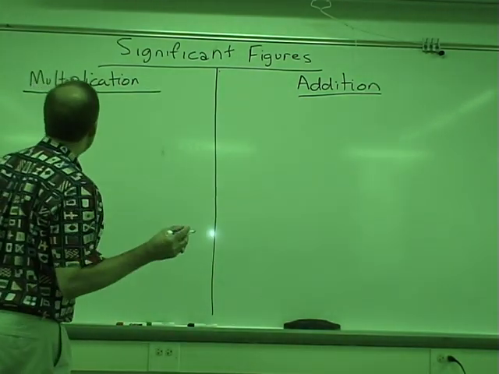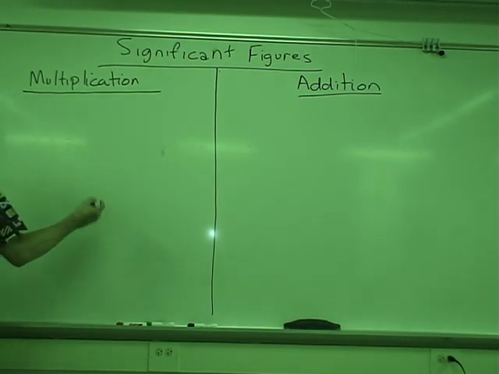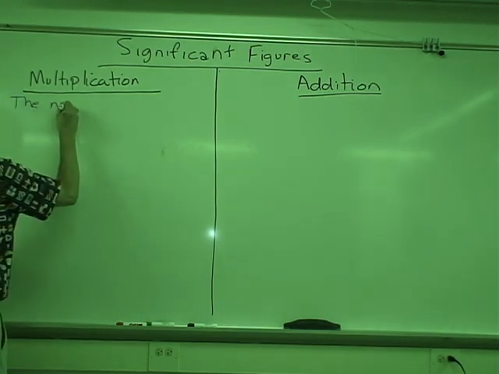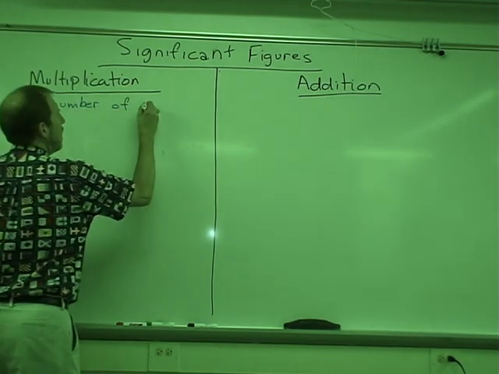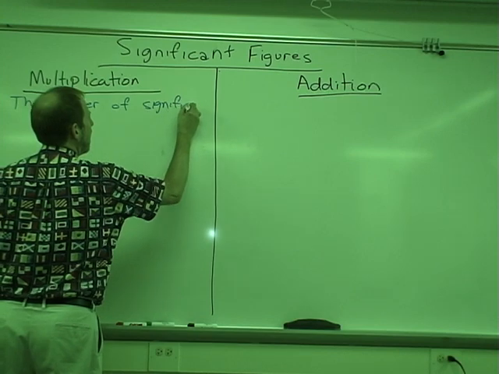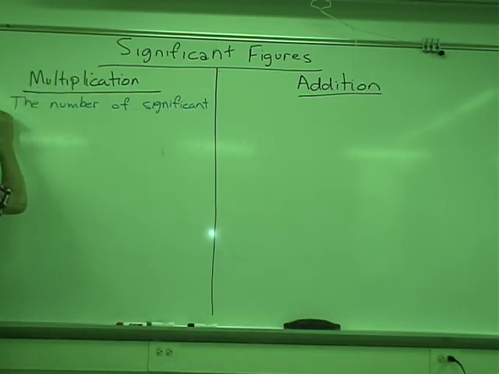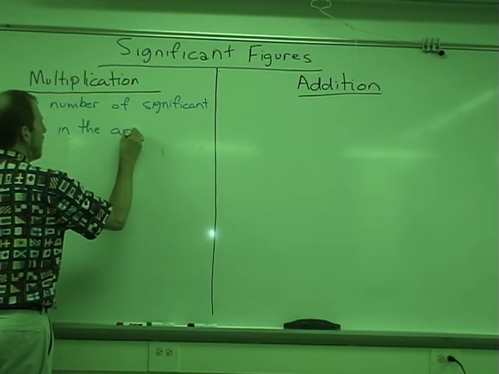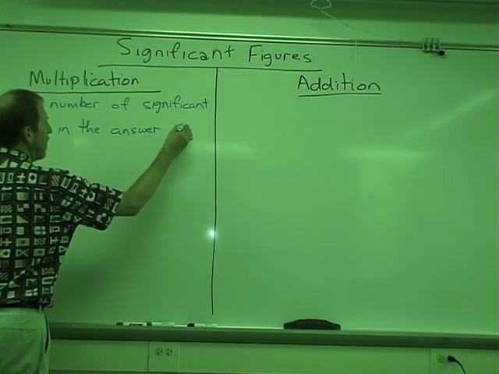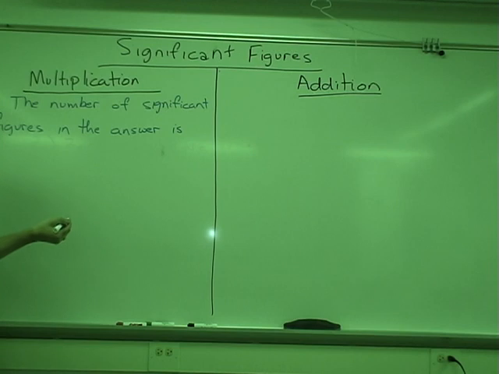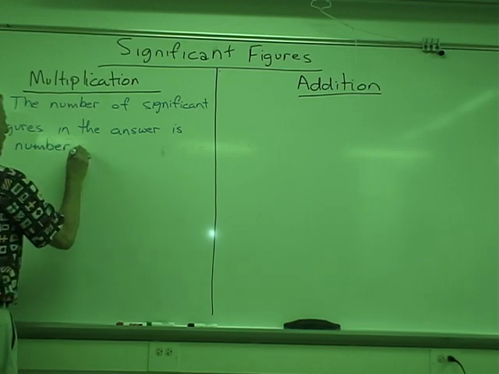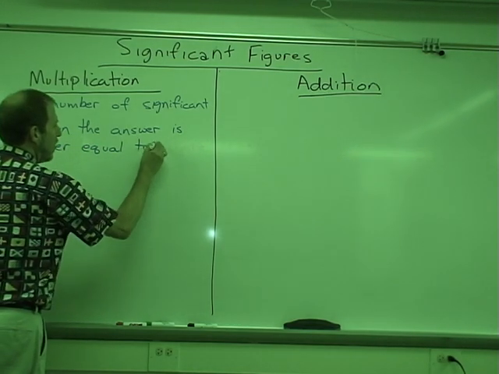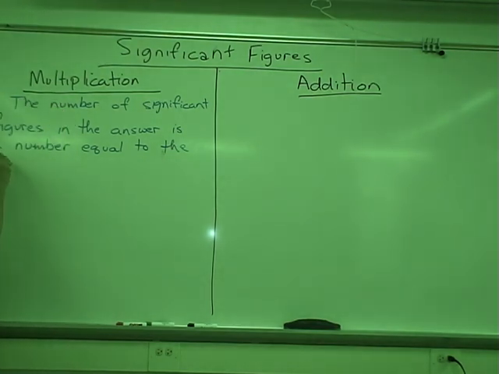To start with multiplication, in any case where I've got multiplication, the number of significant figures in the answer is a number equal to the fewest, or least.